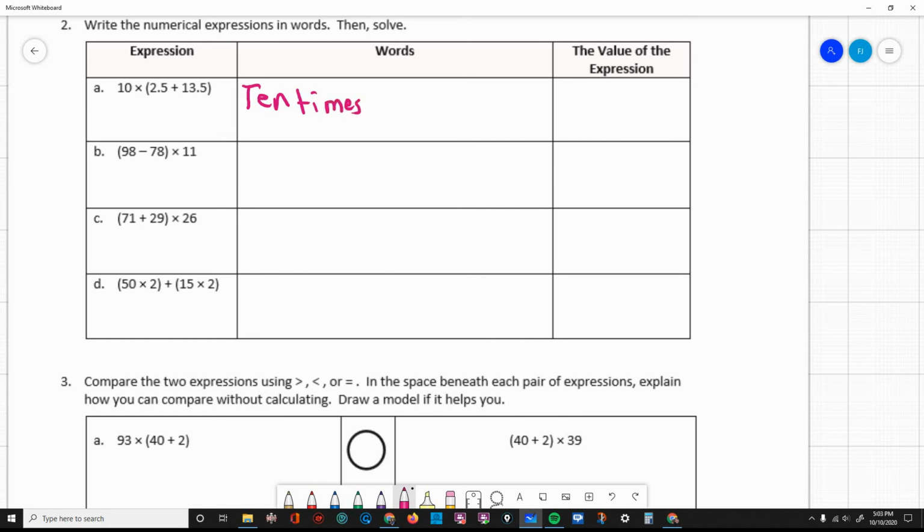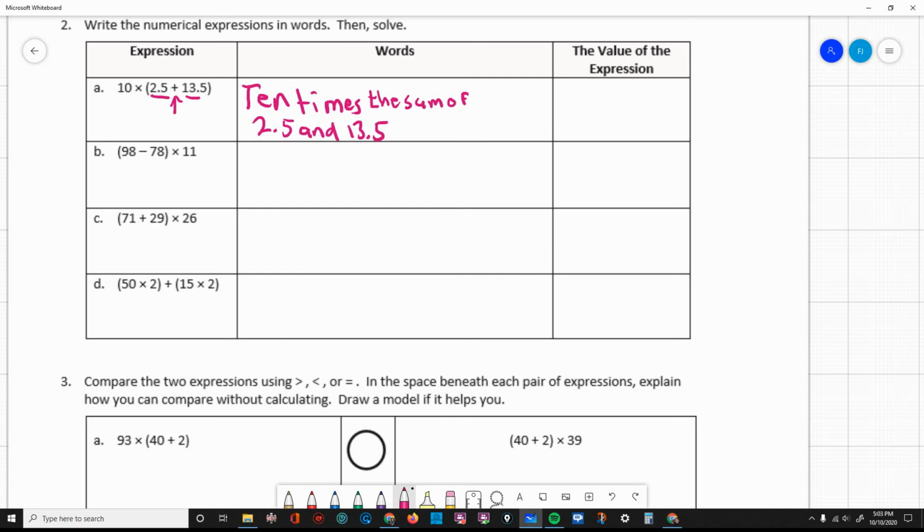We are adding. The answer to addition is sum. So 10 times the sum of, and then our two addends, 2.5 and 13.5. Done.